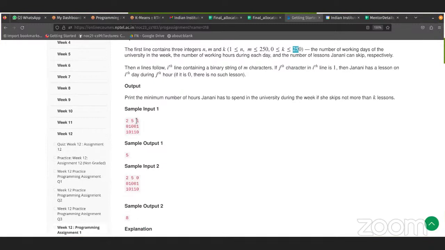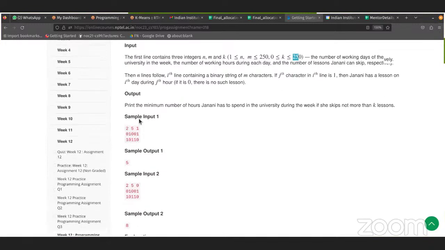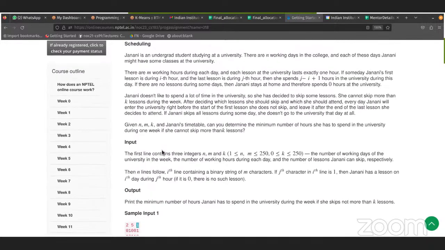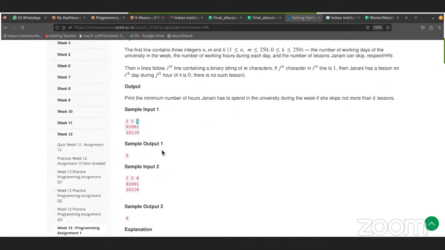Suppose we take this example here: 2, 5, 1. Here 2 is the number of days, and m is the number of working hours during each day, so we have 1, 2, 3, 4, 5. And 1 is the maximum number of classes she can skip, so she cannot skip more than 1 class.